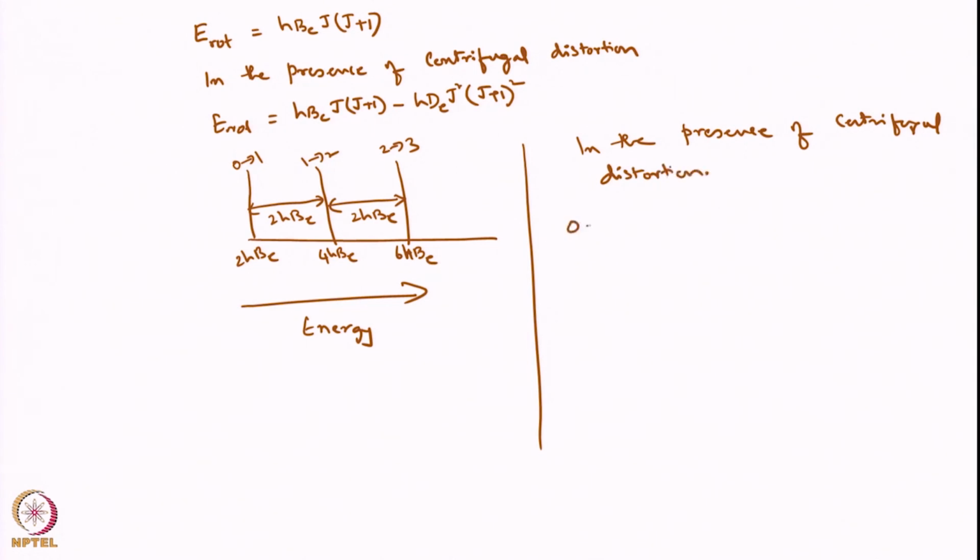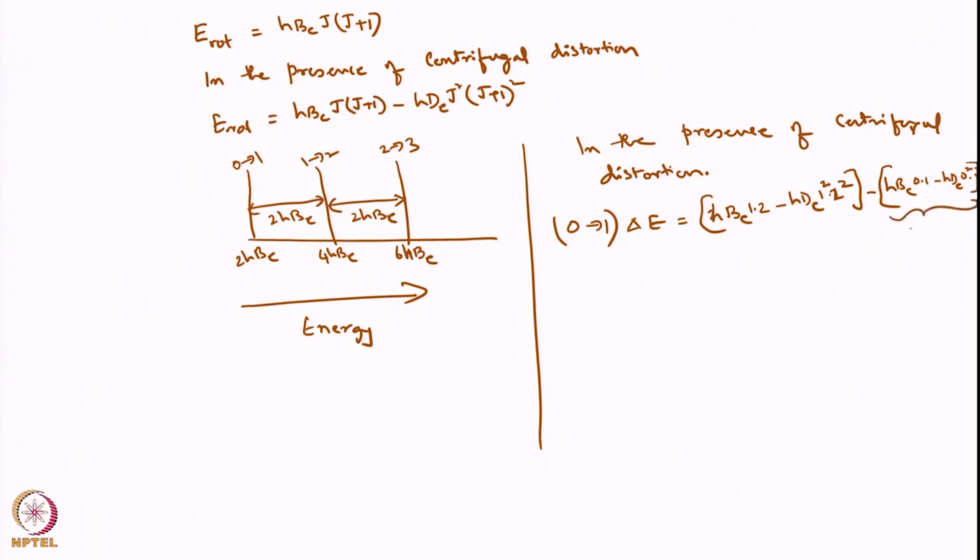Your 0 to 1 delta E will be equal to h B_e 1 into 2 minus h D_e 1 squared into 2 squared, minus h B_e 0 minus h D_e 0 squared into 1 squared.